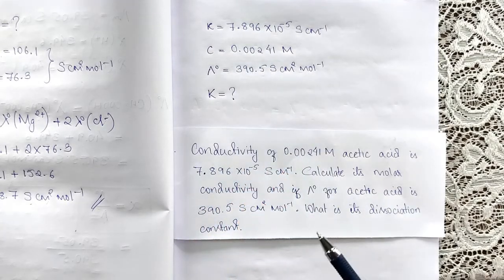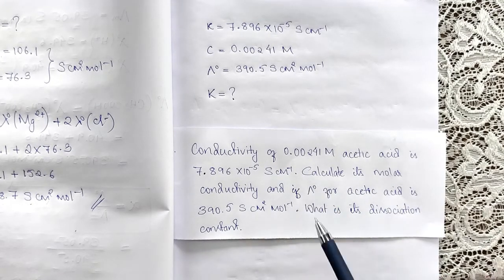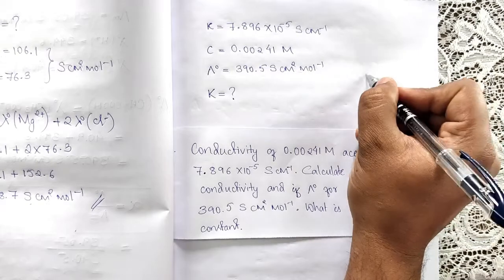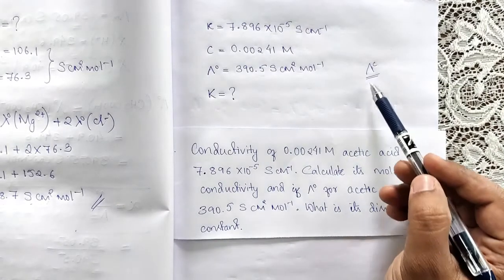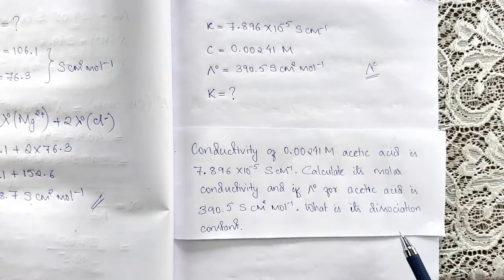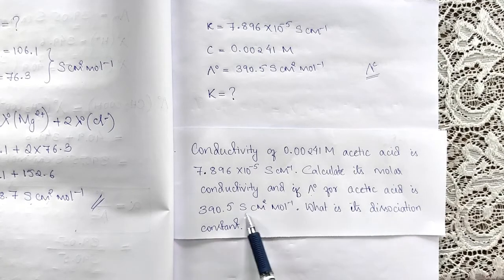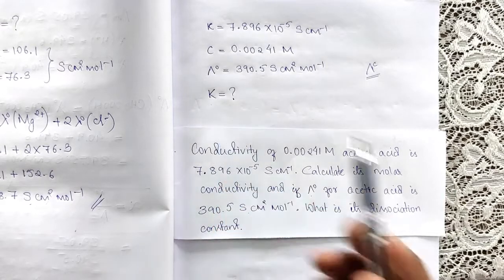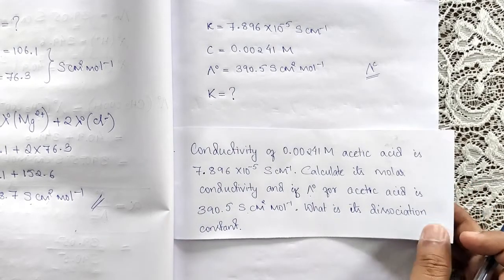So molar conductivity at any concentration is this one, and you're going to calculate it. We're going to calculate this one first. Then molar conductivity at infinite dilution is given here, and you're supposed to find dissociation constant K. So using all this given, we shall find dissociation constant K.